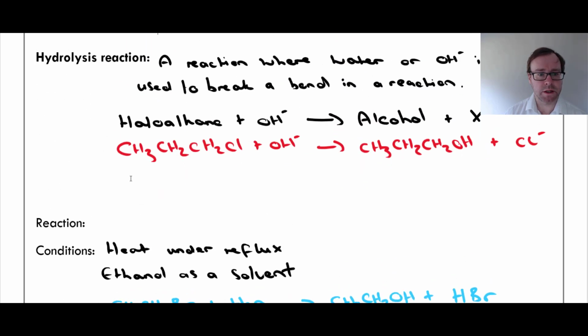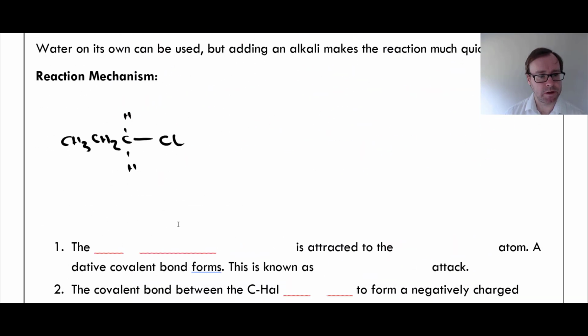Now, because chlorine is more electronegative than carbon, I'm going to have a dipole set up here, so there's going to be a polar bond. Now, my nucleophile is my OH, my hydroxide ion.